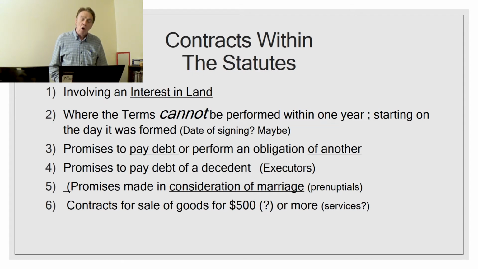Contracts for the sale of goods over $500. Now this has been changed largely by most states, in that they have increased the amount, which was long overdue. It was $500 for years. I remember I have a business law textbook from high school when my mother went to high school.